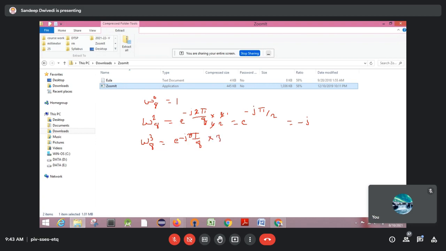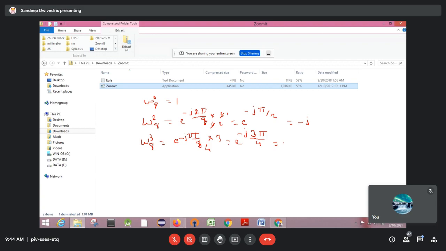So this will be 3 pi by 4, e raised to power minus j 3 pi by 4. Okay, so cos 3 pi by 4 minus j sin 3 pi by 4.